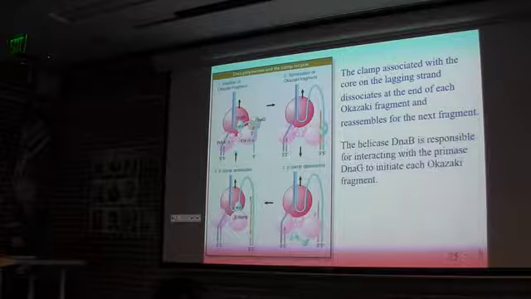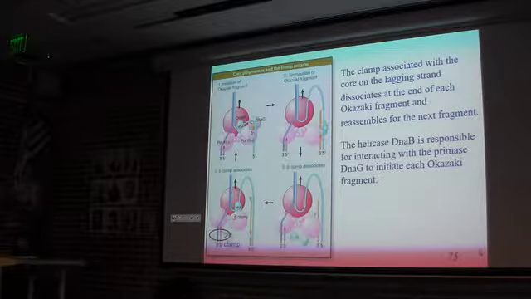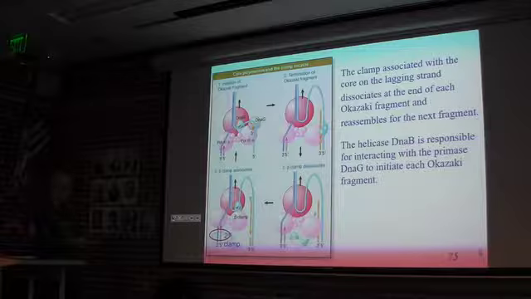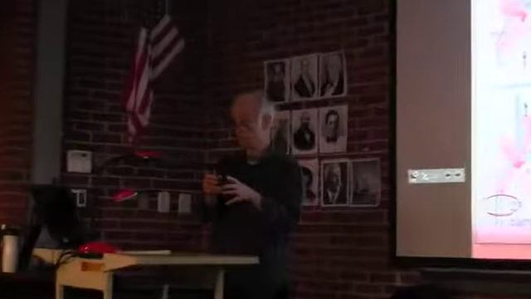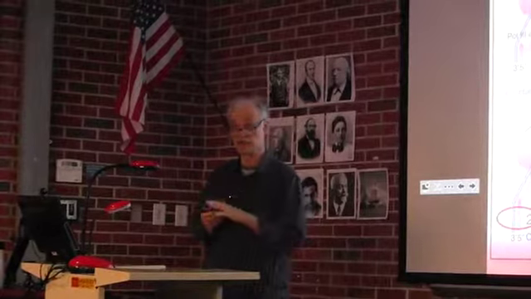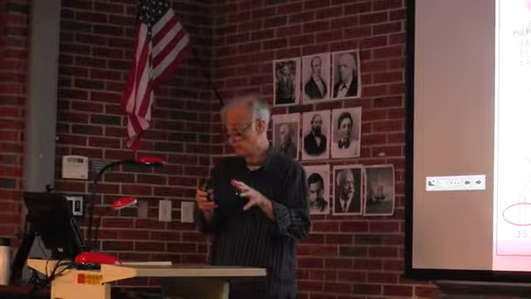Clamp, y'all know what the clamp is, right? Helicase DnaB is responsible for interacting with the primase DnaG to initiate. These are just words. Right now we'll see some figures that illustrate this, but the clamp is that donut, right, that sits right behind DNA polymerase, except it's the first thing to bind, and then DNA polymerase sits in front of it, actually.